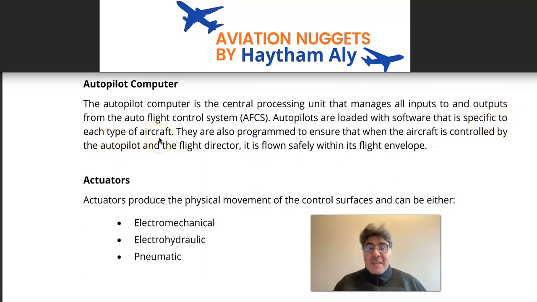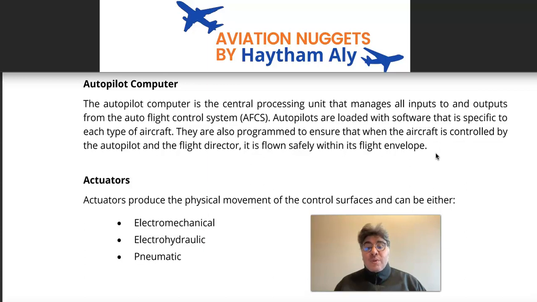The performance database is specific to each type of aircraft. They are also programmed to ensure that when the aircraft is controlled by the autopilot and the flight director, it is flying safely within its flight envelope.